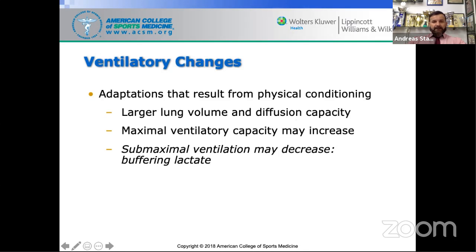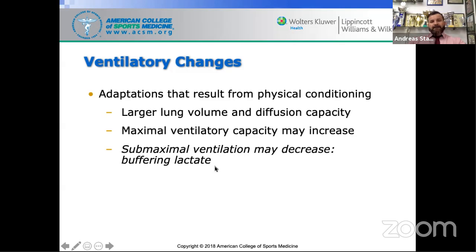That's very interesting, in my opinion. Think about it. Now, let's talk about adaptations. Of course, lung volume, you can get more air. Diffusion capacity, which has to do with efficiency, how we can move air in the lungs. And maximal ventilatory capacity, the maximum that we can do per minute.